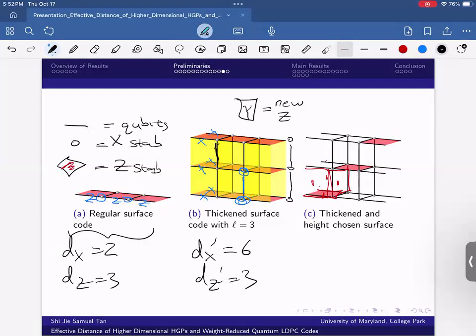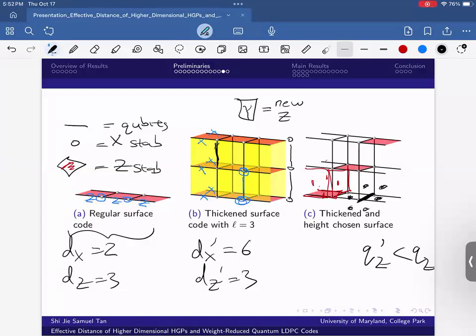This is the reason why QZ decreases after you choose heights. QZ prime is less than the original QZ, because if you choose the heights correctly, let's say you have an original qubit over here. It was acted upon by two or potentially more checks that are not drawn in this. If it's some arbitrary code, it could be acted on by many different things.